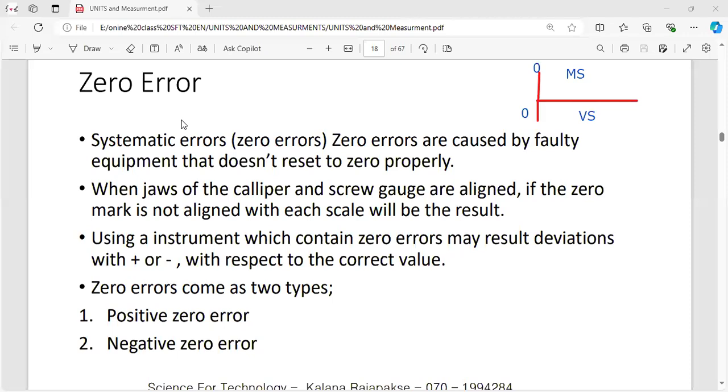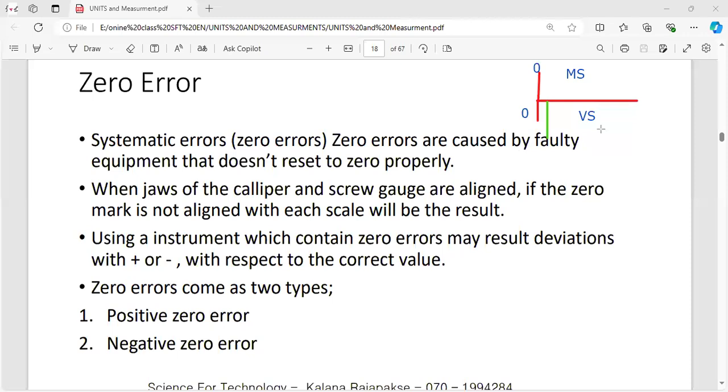Sometimes, due to damage or wear off of the jaws of the vernier caliper or the micrometer screw gauge, this zero line might change position. When the jaws are aligned, now the zero is moved to the right hand side. This is called a positive zero error.